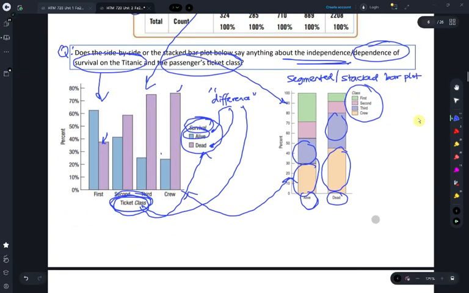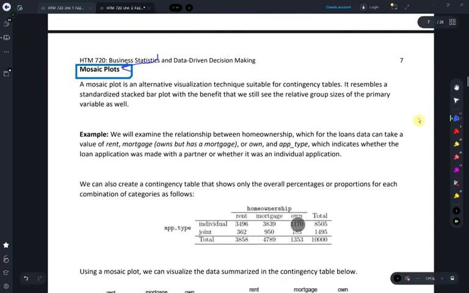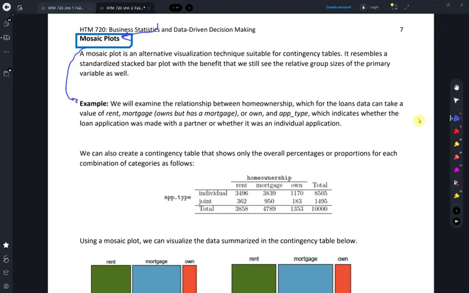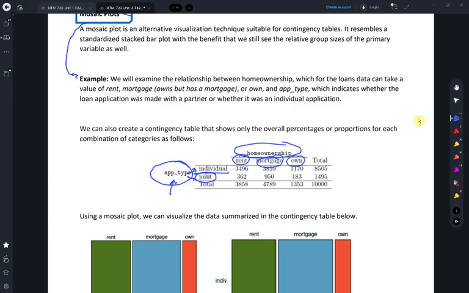These are not the only ways we can represent the relationship between two categorical variables. On the next page, we have mosaic plots. In the case of mosaic plots, I have an example here where I've collected data on one variable, application type, could be individual application or joint application. And then on the other hand, we have another categorical variable where you have rent, mortgage, own.